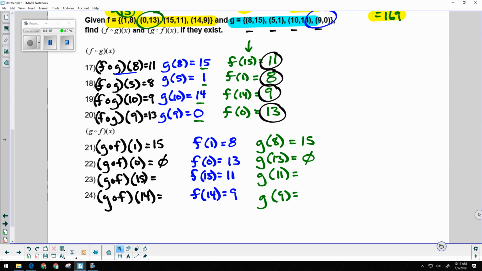If I look up here, do I have an x-coordinate that is equal to 11? Sure don't. So again, for this one, it doesn't exist, so the answer here is the empty set. Does g of 9 exist? Do I have an x-coordinate of 9? I sure do. There it is. And when the x-coordinate is 9, my y-coordinate is 0. The answer here is 0.